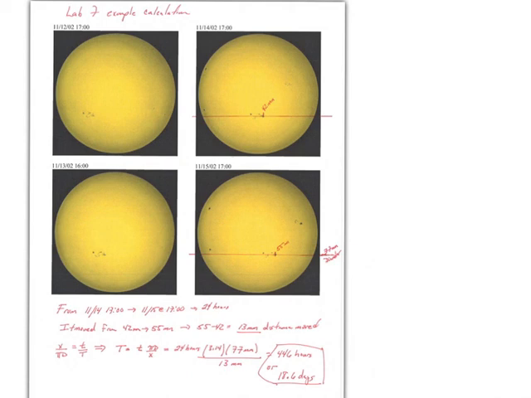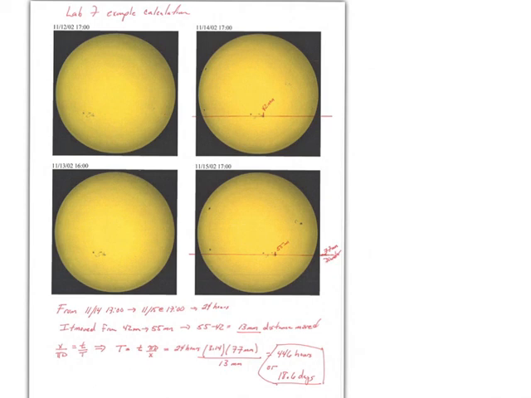At a different time here, this was 11:14, this was 11:15, so this is a 24-hour difference between these pictures. I drew a line across the same latitude, and now from the edge of the sun to the sunspot is 55 millimeters.